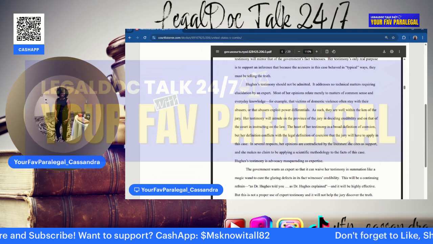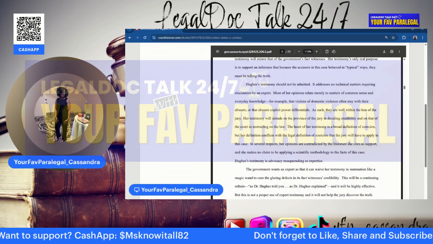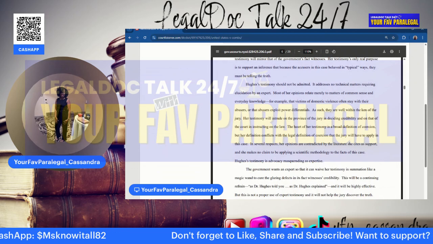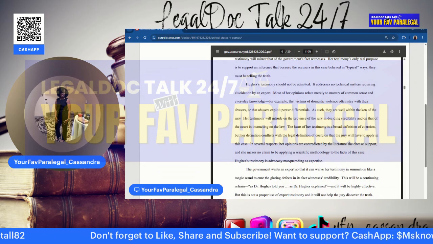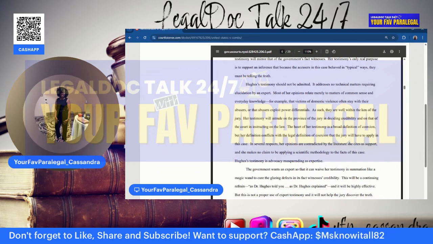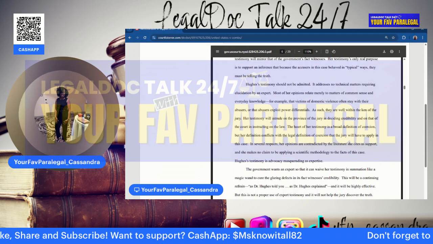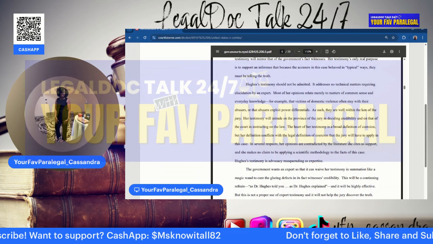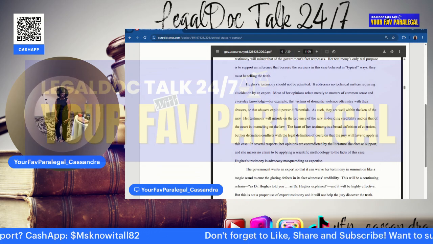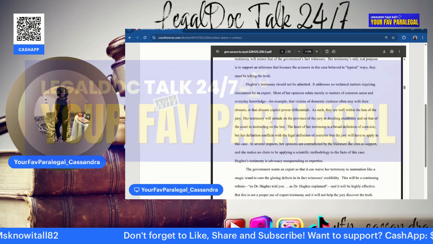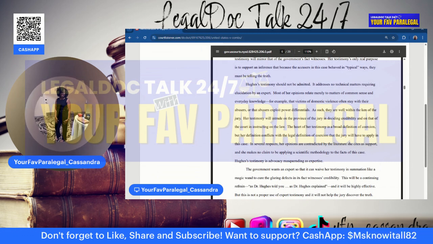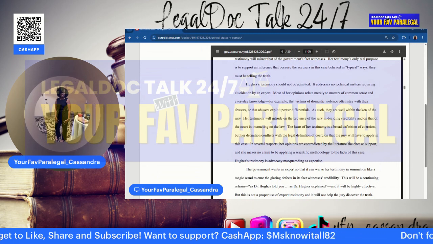Hughes' testimony should not be admitted. It addresses no technical matters requiring elucidation by an expert. Most of her opinions relate merely to matters of common sense and everyday knowledge. For example, that victims of domestic violence often stay with their abusers, or that abusers exploit power differentials.